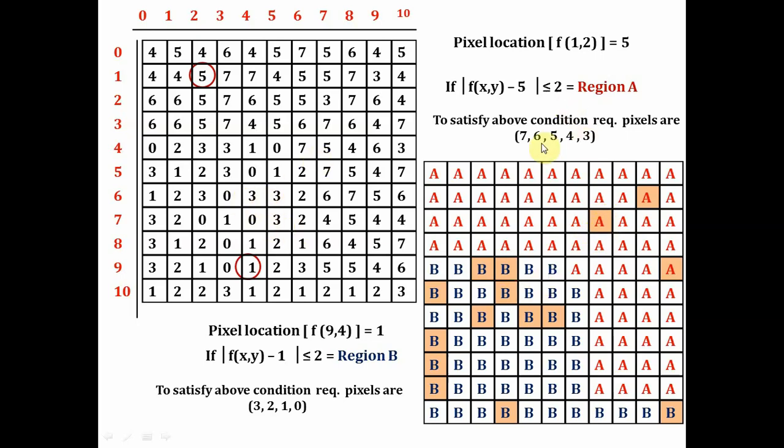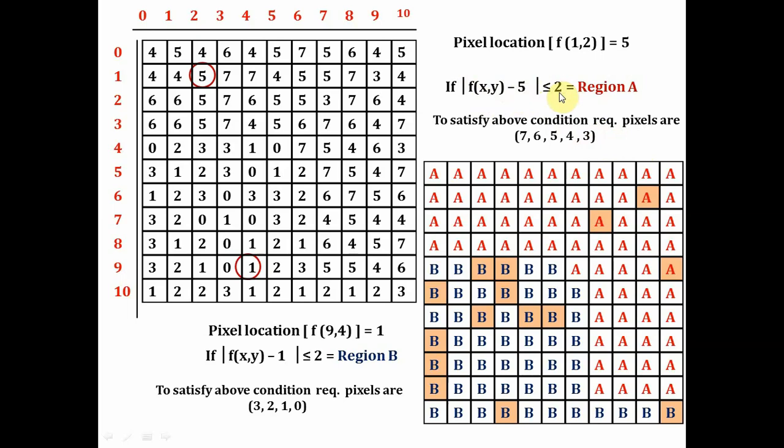Now the pixel values 7, 6, 5, 7, 3, whatever pixel value I put in f of xy that satisfies the condition will be region A for the seed pixel value 5. Now what about 2, 1, 0? If I set 2 minus 5, that will be minus 3, which is not satisfying the condition of less than or equal to 2.